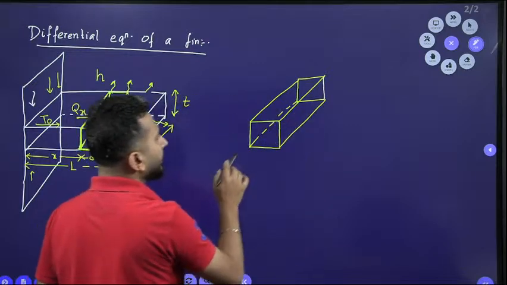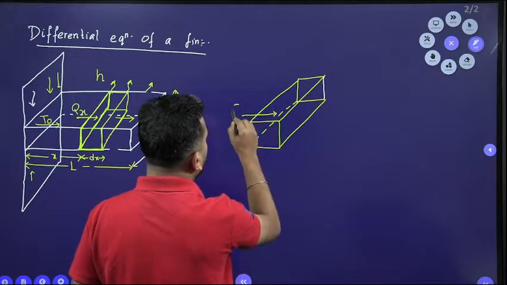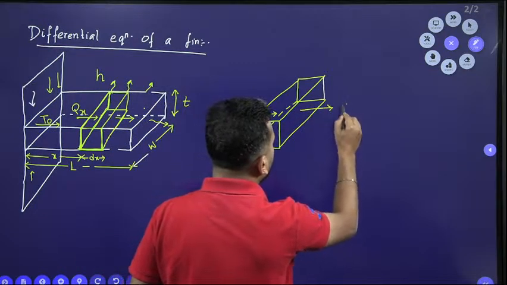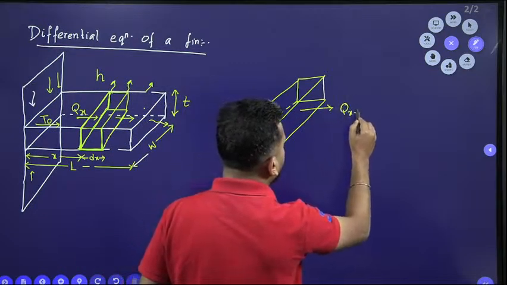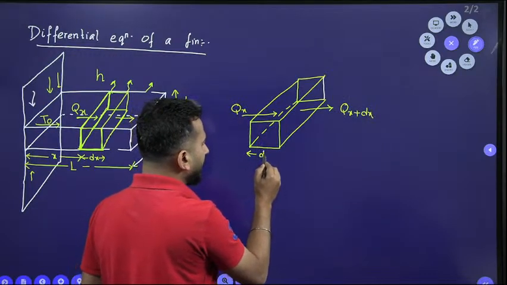So there is the face. At this face, qx is coming. From this face, q at x plus dx is leaving. Why? Because this is dx.